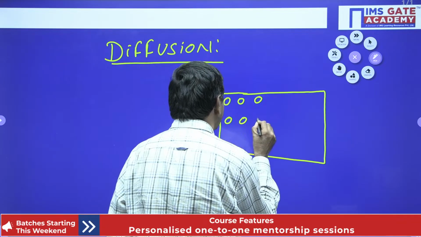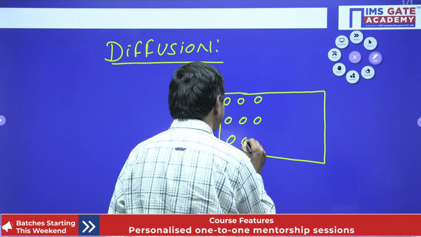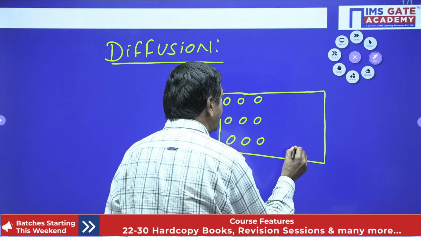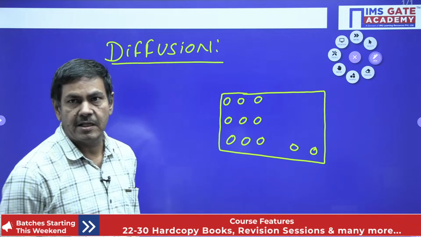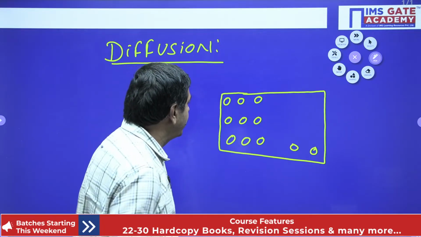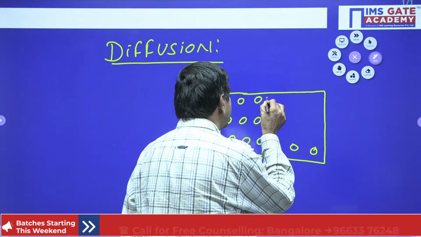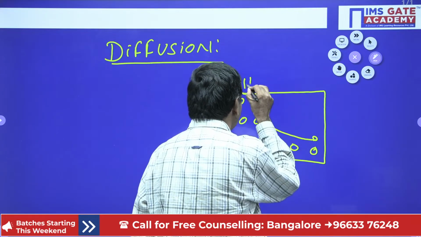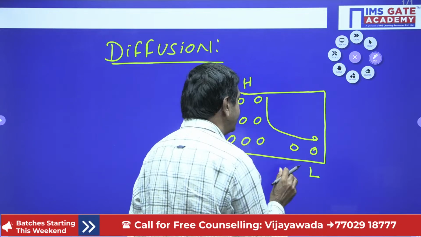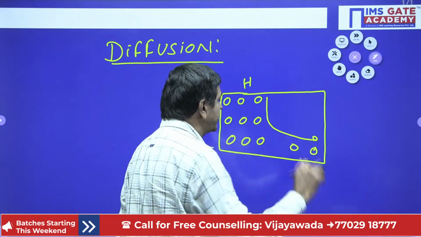This side we got the higher concentration, the other side the lower concentration. Then what is going to happen? The movement of charge carriers is possible from higher concentration to lower concentration. This mechanism we call diffusion.